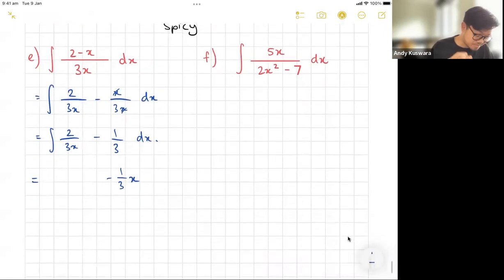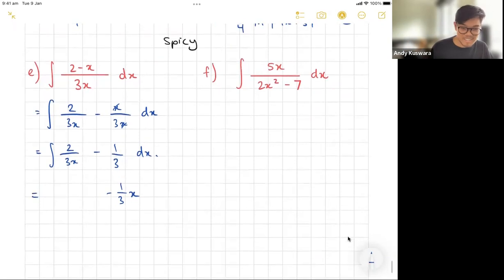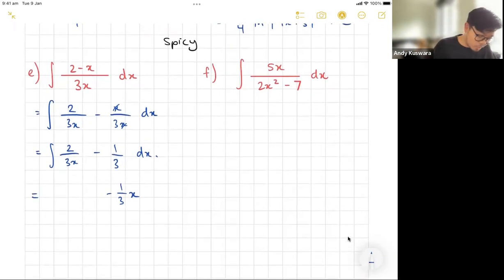So again, here's how I would look at it. If I took the ln here, so this is why it's spicy, what I want it to be is 3 on 3x. But what we have is 2 on 3x. So how do I get from 3 to 2?